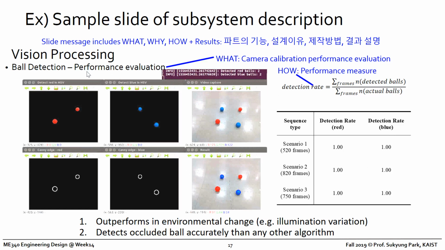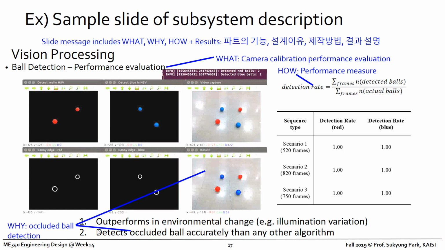And then they might have another slide about the details of their visual processing algorithm, and then why they're doing this. This is originally a movie, and the movie shows some obstacle going in and out in front of this ball, and the camera still catches the ball position as well. That's what they want to deliver.